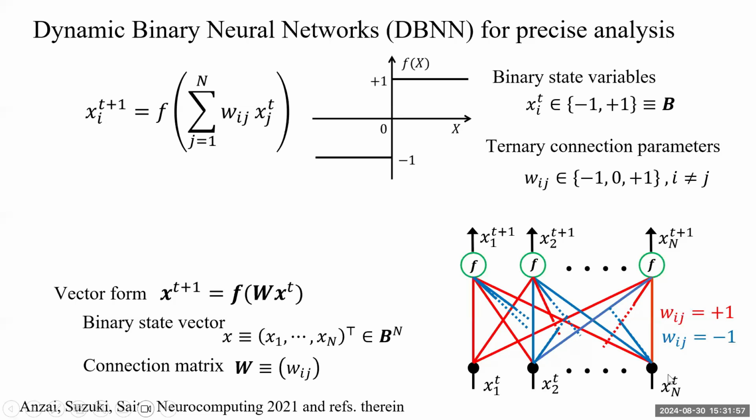The present binary state variables here, the next state variables here, the activation function, and plus connection. Red is plus connection, positive connection. The blue is negative connection. And 0 means no connection. In vector form, they are characterized by the connection parameter W. And X is an n-dimensional binary vector. And W is the connection matrix.